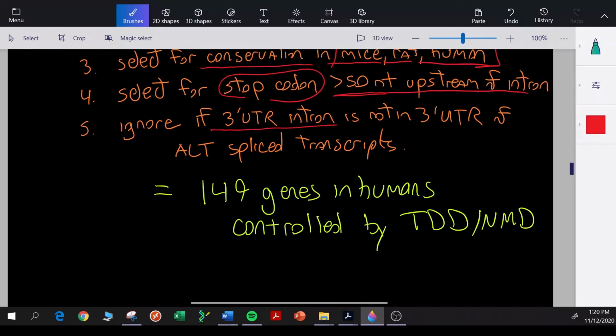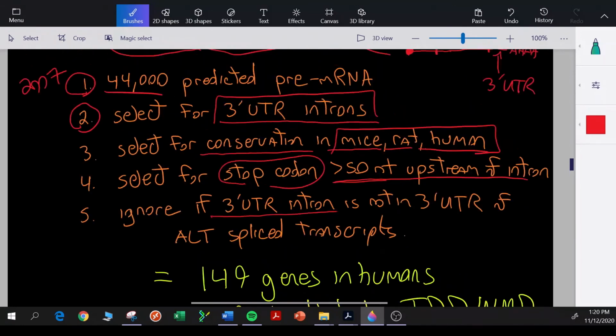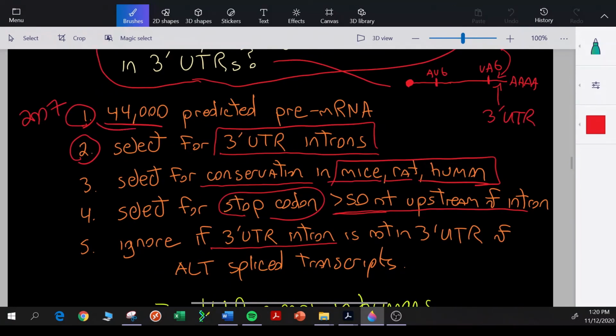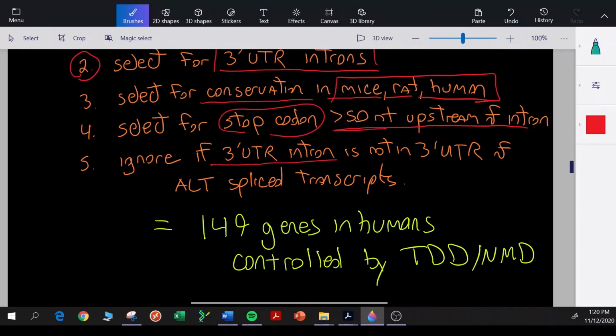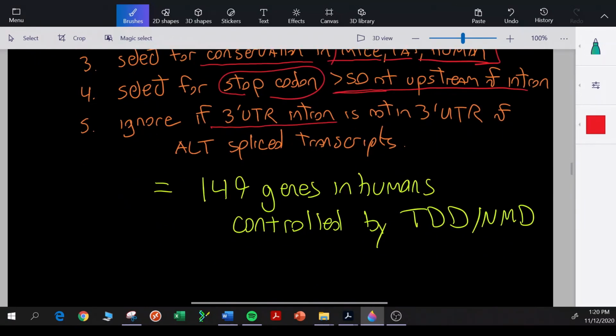After all of those things, they whittled down from 44,000 pre-messenger RNAs to, now I'm realizing, is this 149 genes or 149 pre-messenger RNAs, because we can have multiple pre-messenger RNAs from a gene due to alternate splicing.